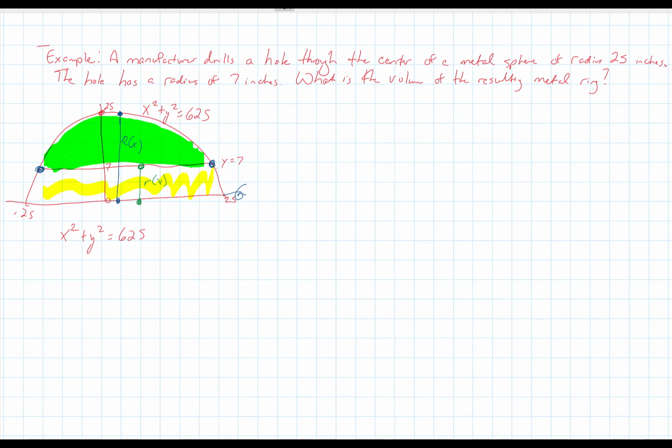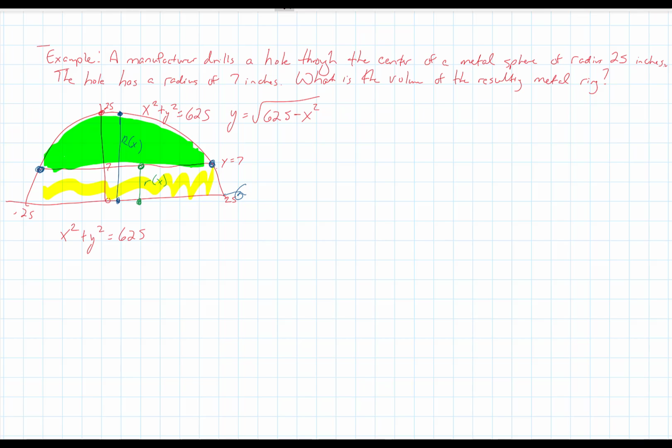You could solve this equation first for y, which we're going to need later anyways. So you could do this: y equals the square root of 625 minus x squared, again, positive square root. So you could set this and then set y equal to 7. So just plug in 7 for y that way. Set the two equations equal and solve.